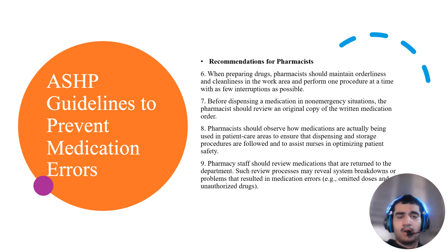Pharmacists should observe how medications are actually being used in patient care areas to ensure that dispensing and storage procedures are followed and to assist the nurses in optimizing patient safety. Pharmacy staff should review medications that are returned to the department. Such a review process may reveal breakdowns or problems that have resulted in medication errors, for example, omitted dosage and unauthorized drug.